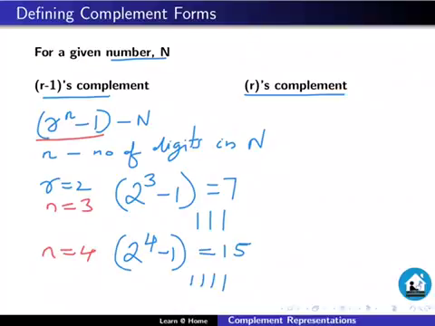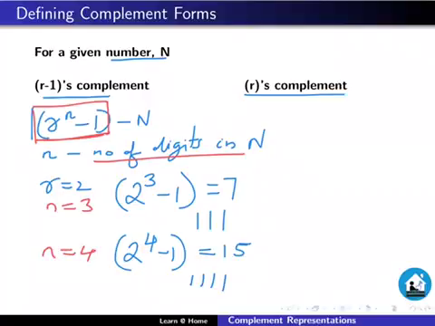So we can generalize that the value of r raised to n minus 1 is a series of ones, with n number of ones in that, where n is the number of digits in N.